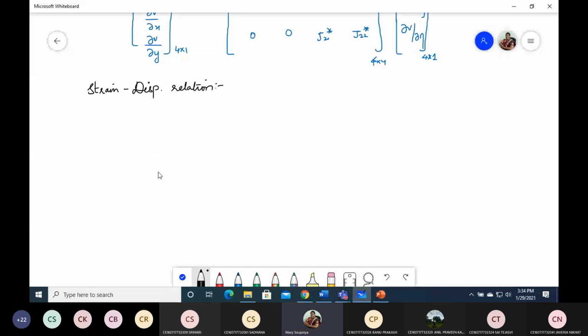Strain displacement relationship for isoparametric elements.